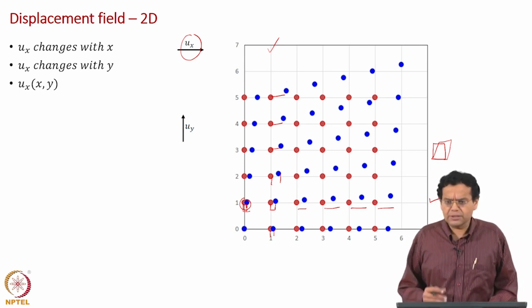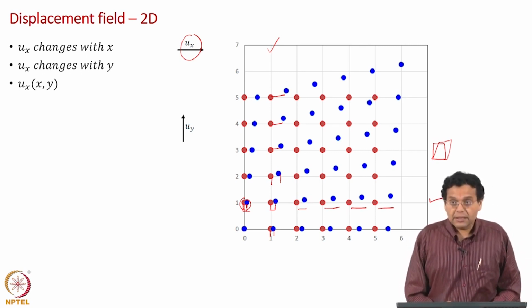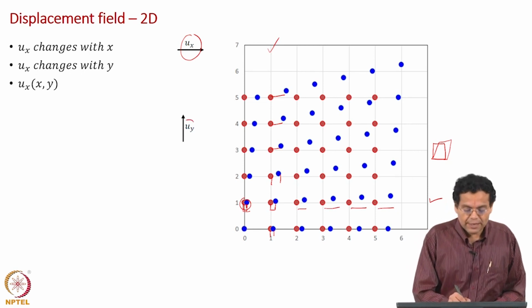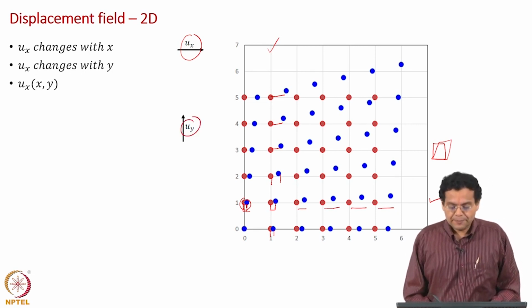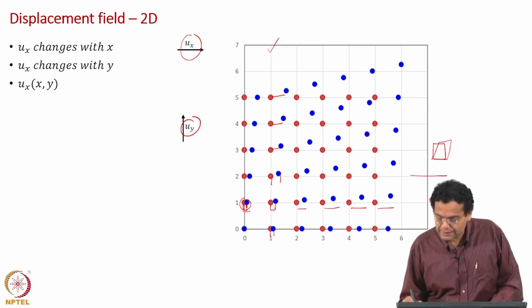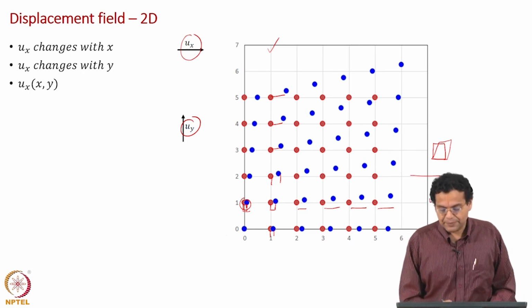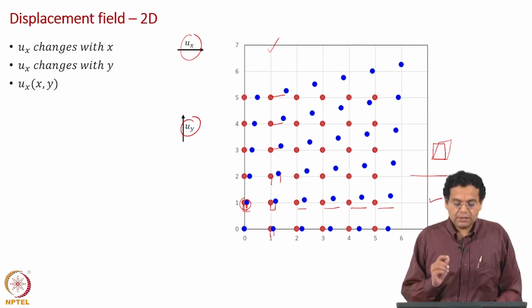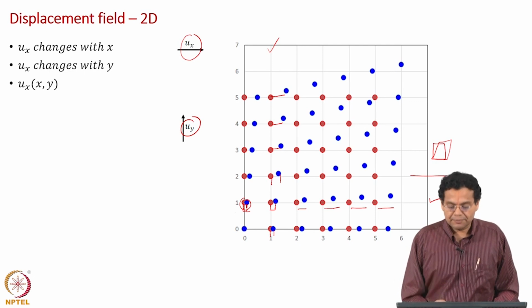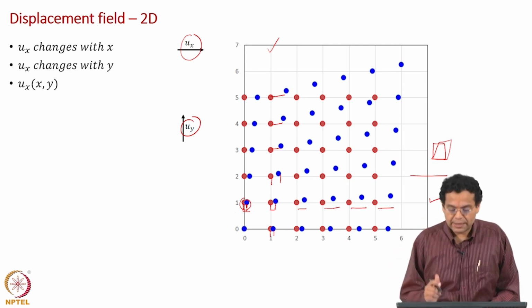Now, let us talk about the y displacement, displacement in the y direction, which is uy. Now, what should you consider? Let us consider the particles in this region along this horizontal axis. I want to focus on the vertical displacement, which means that I should consider the difference in the y coordinate.